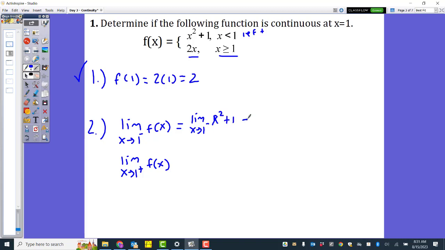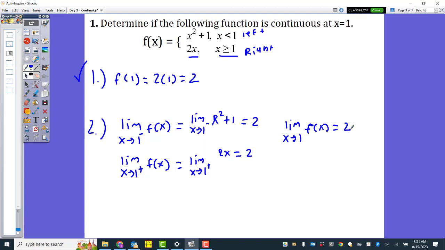We'll plug in 1. Hey, look, that gives us 2. Limit as x approaches 1 from the right of, this is the right side, 2x. Plug in 1, that gives us 2. Does the limit from the left and the right equal each other? Yes. So the limit as x approaches 1 of f of x is equal to 2.